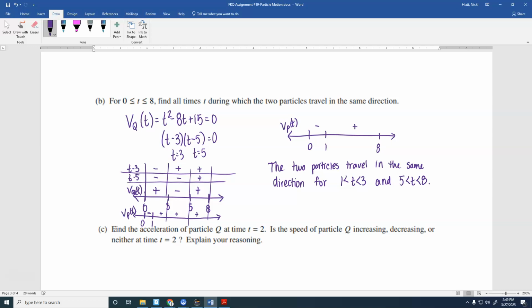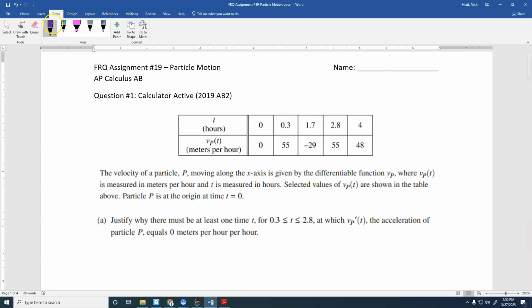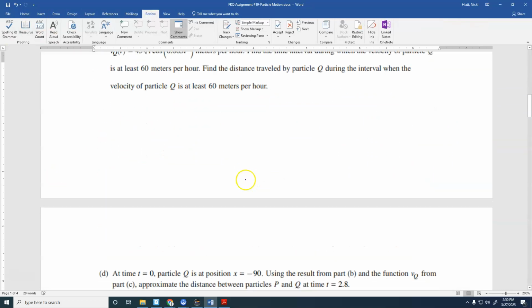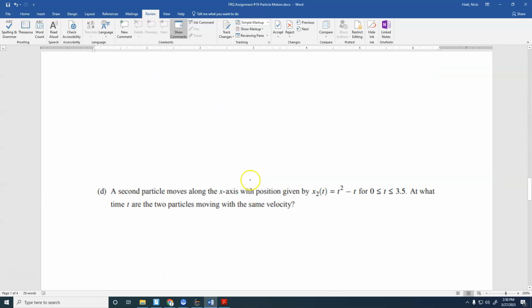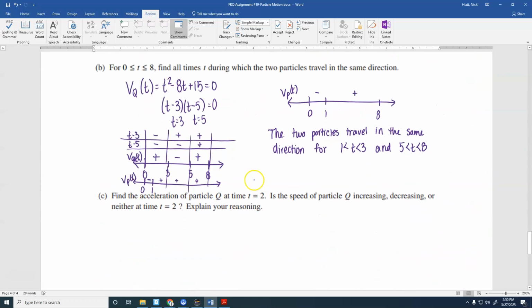And we should put because their velocities have the same sign on those intervals.